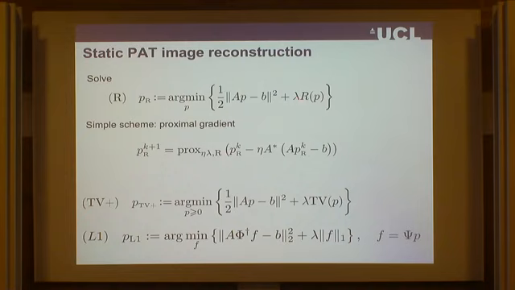The simplest possible scheme, given that this R is most probably non-smooth, is the proximal gradient scheme. It will require the adjoint operator, and the proximal operator will be given by the regularizer. For example, TV plus non-negativity constraint, and then the L1, which will be the curvelet version.